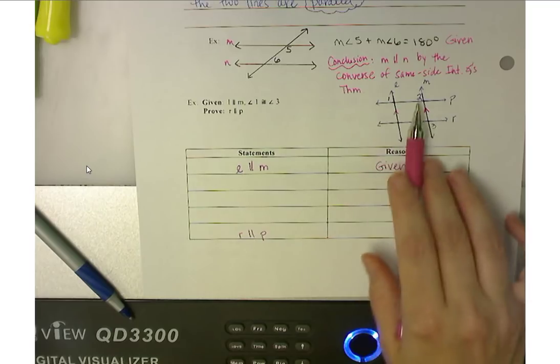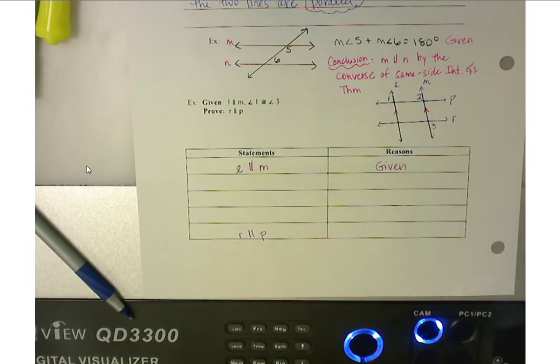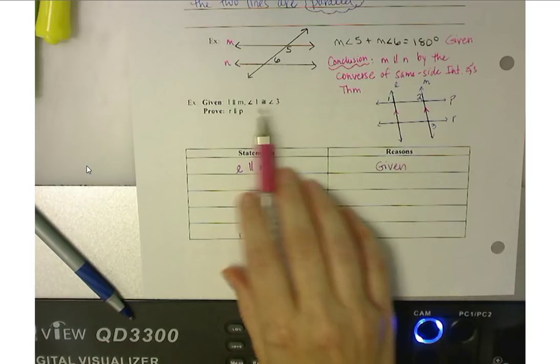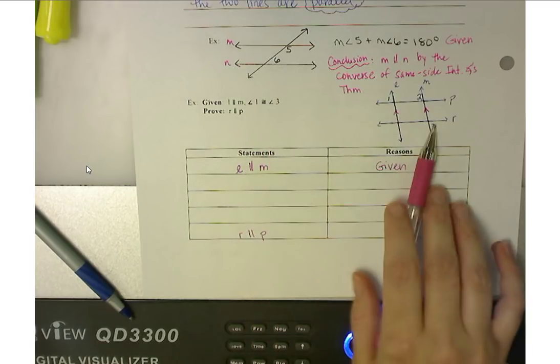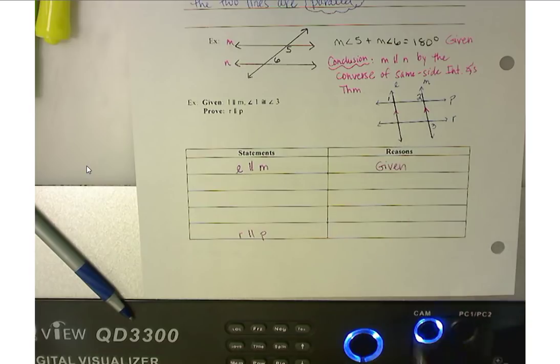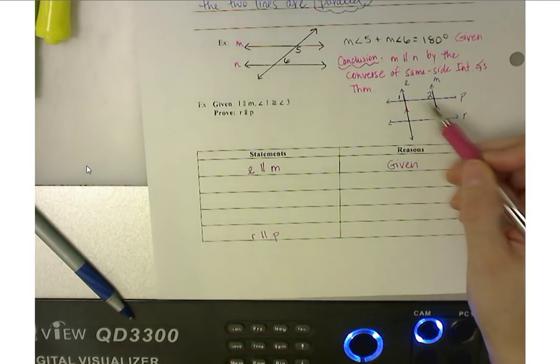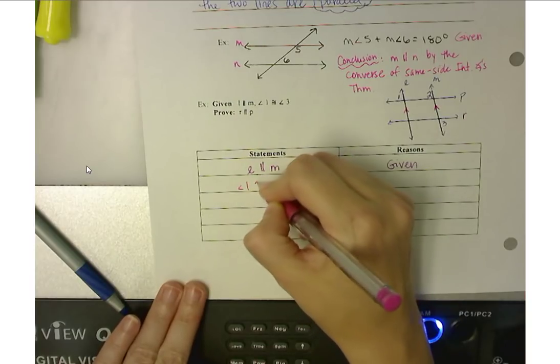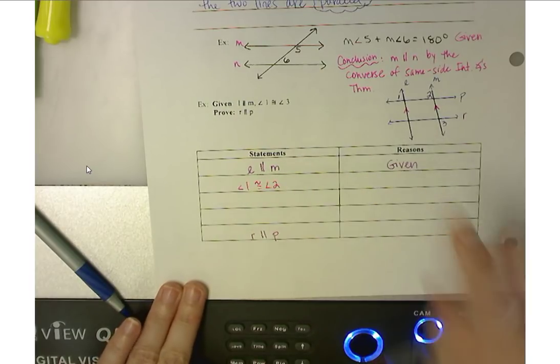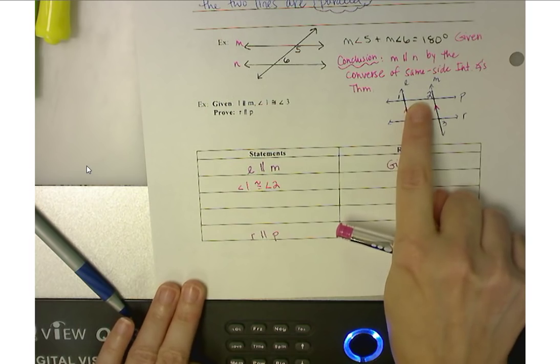All right, now, in our picture, we have a few different types of angles. So eventually we're going to get to 1 is congruent to 3. Okay, when these two are parallel, we're going to focus on angle 1 and 2. So angle 1 and angle 2 are congruent because they are what type of angles?